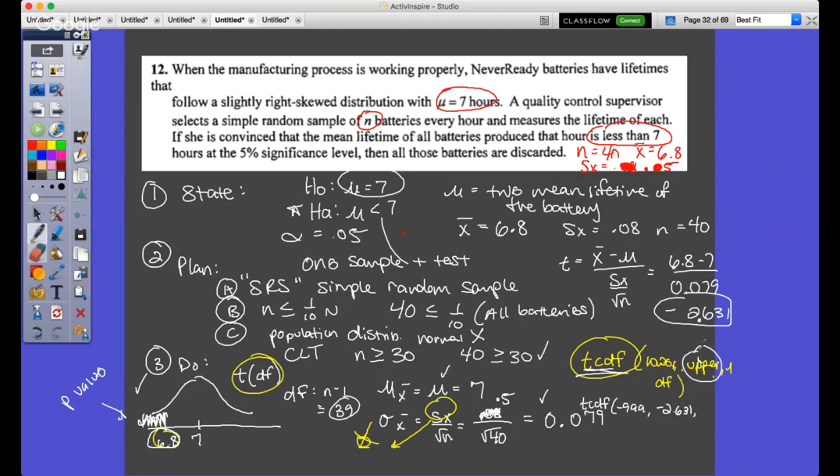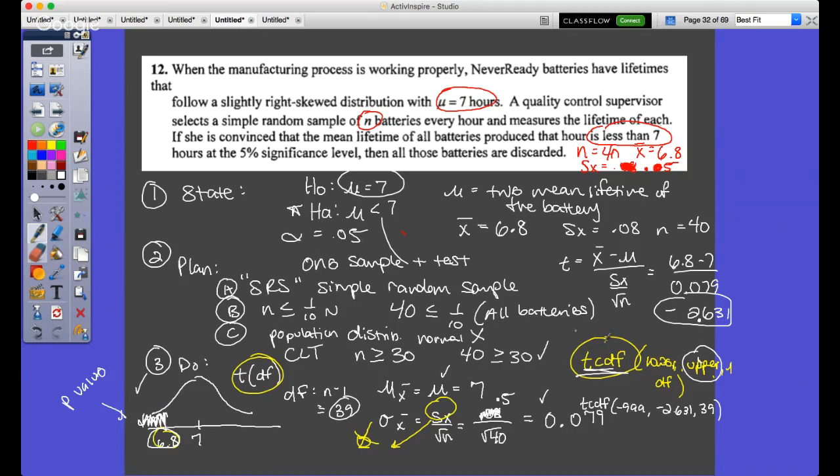Again, it's important to use that t-score here, not 6.8, and then comma 39. Again, this is only for TCDF, not for normal CDF. Normal CDF is smart enough to get it there. We can't factor in the standard deviation or the mean with TCDF, and that's why we've got to do this here. So we have negative 99999, comma, negative 2.631, comma, 39.